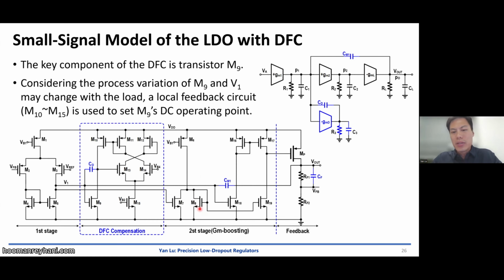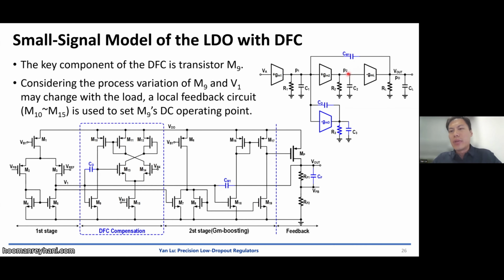And M8 will drive, the voltage has been amplified, and the voltage goes to M19, and then the common source stage of M19 will drive the gate of the power transistor. And it has a Miller compensation CM1 between the output and the output of the first stage of the differential stage.